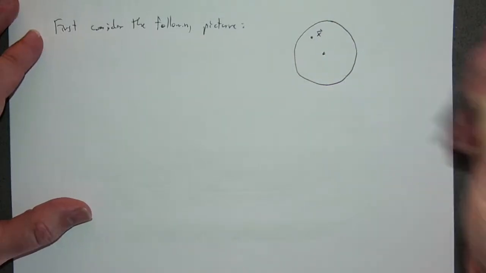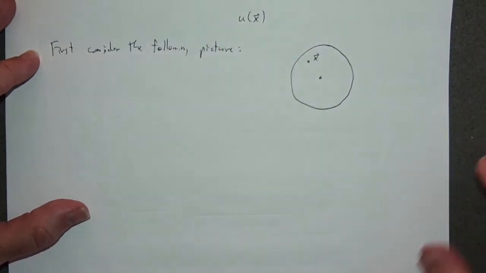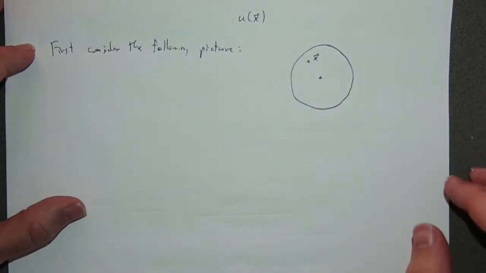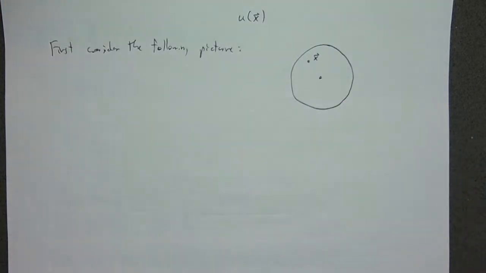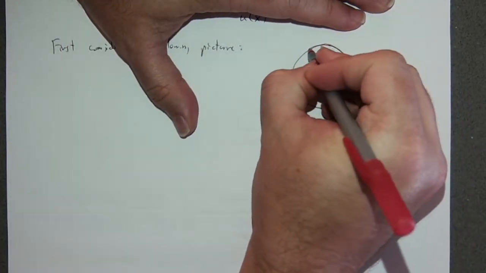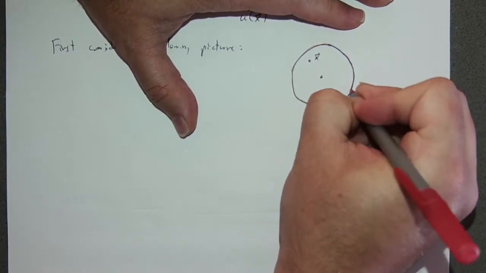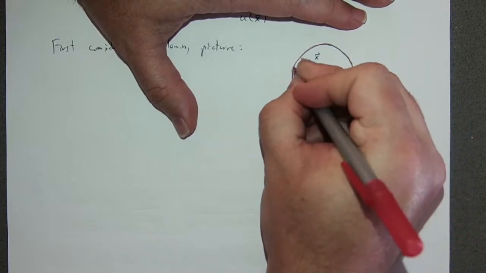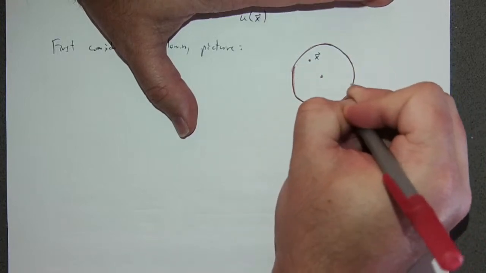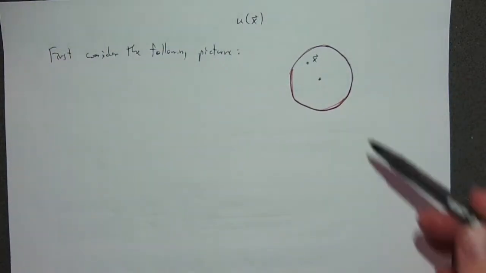My goal is to write my solution at a generic point in the interior of this disk. Technically, I'm solving the PDE on the open disk so that this boundary is not even included in that consideration. But this boundary is where my prescribed values are. So I'm solving for a solution to my PDE that is a prescribed function on this boundary.